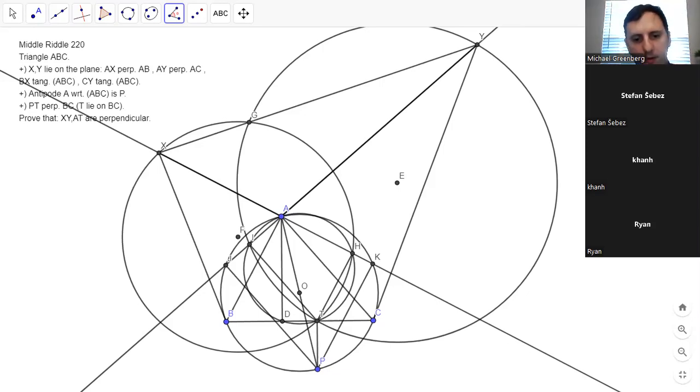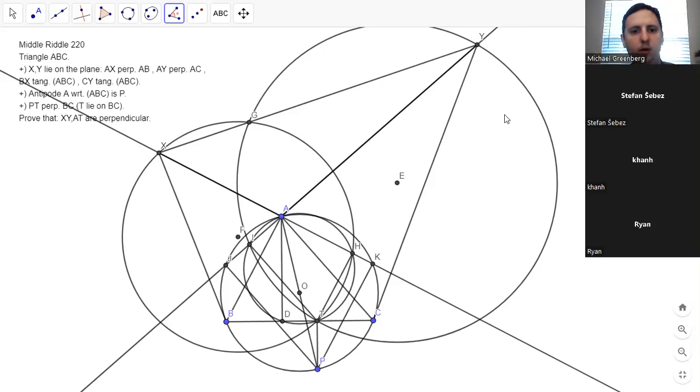Yeah, I think so. AD and AP are isogonal. There was something about the line connecting the orthocenters being perpendicular.